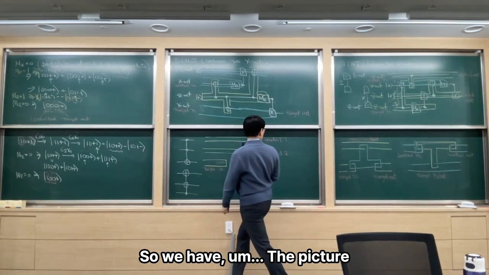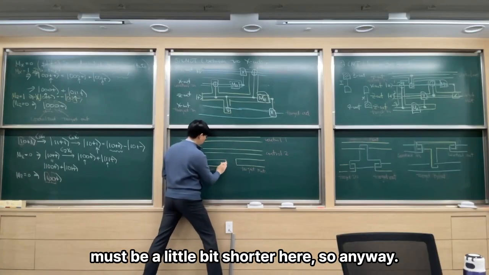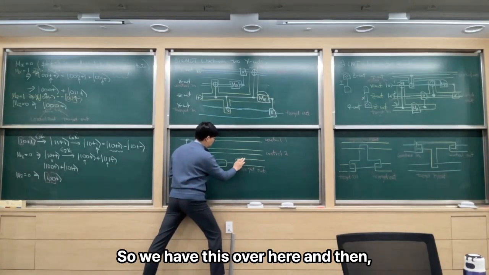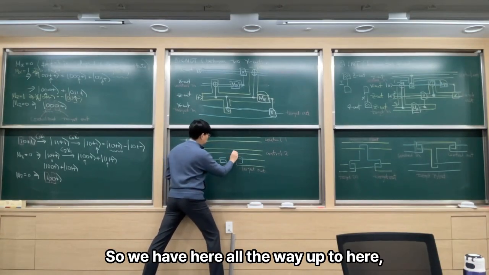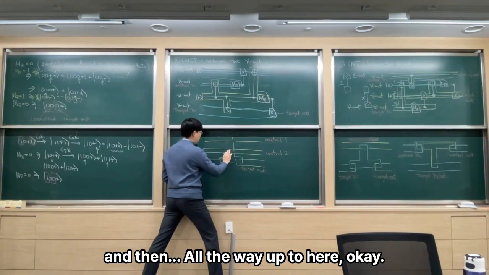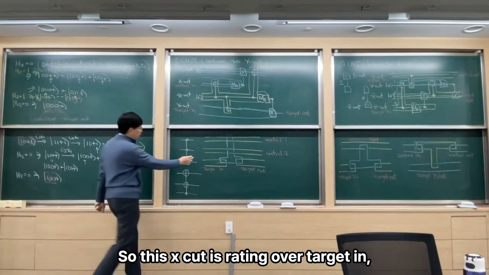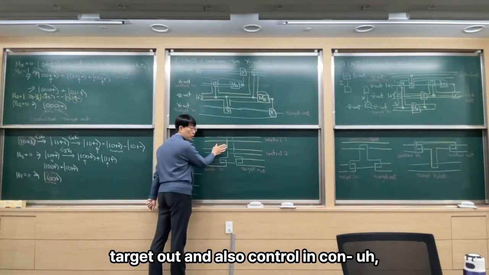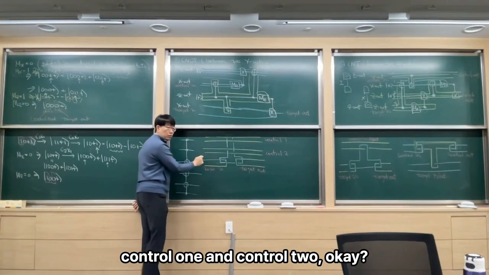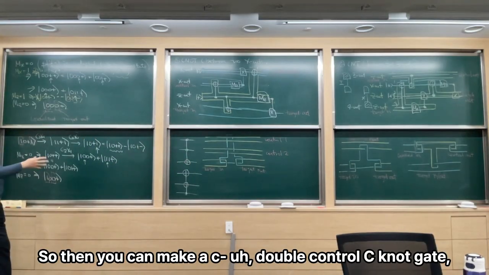The picture must be a little bit shorter here. So anyway, we have this over here, and then braiding over. We have here all the way up to here, and then all the way up to here. Okay. So this X cut is braiding over target in, target out, and also control in, control 1 and control 2. Okay.